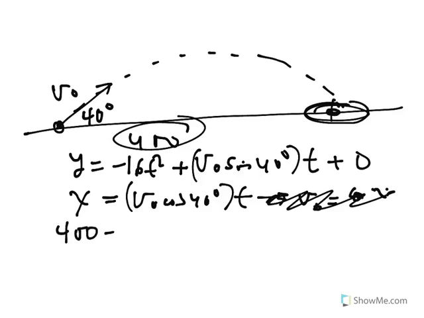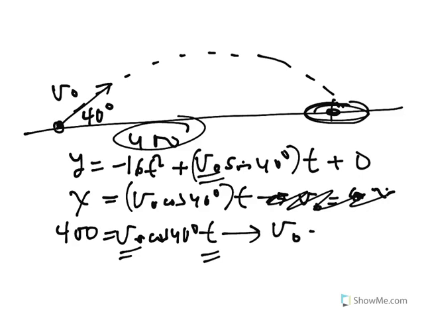So we can say that 400 equals V0 cosine 40 t. And I have a choice here. I can either isolate the V0 or the t. I'm going to isolate the V0 because there's only one of them in this equation. You'll see when I do substitution. So I get V0 equals 400 over cosine 40 times t. T's there in the denominator.